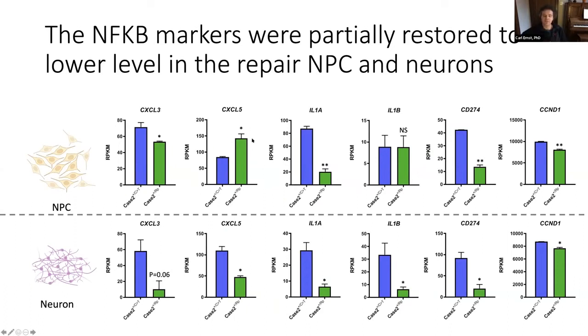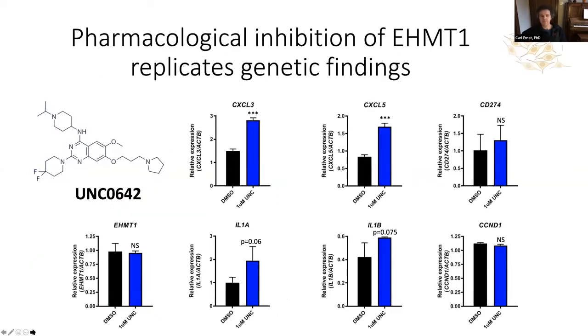This is the only one that does not lower, but this was also our most extreme effect size if you look back at our other data, so it's probably still having an effect there. In any case, you can see across the board in neurons, and we're obviously interested in the neurons because this is the postmitotic state. NPCs would be more similar to an embryonic brain. So we're seeing the effect probably even more pronounced in the neuronal state.